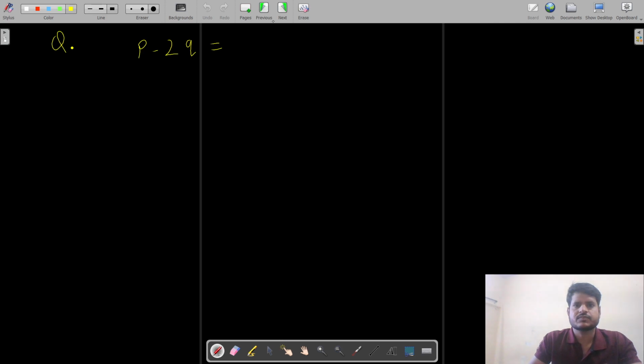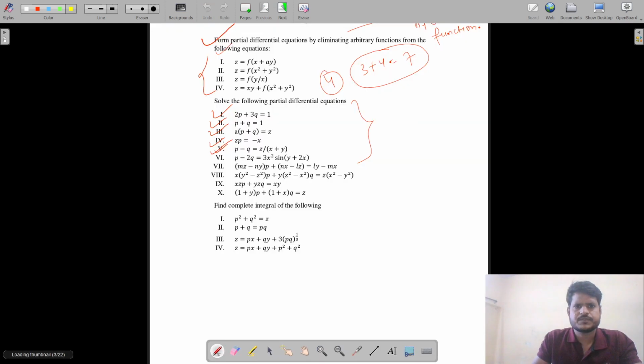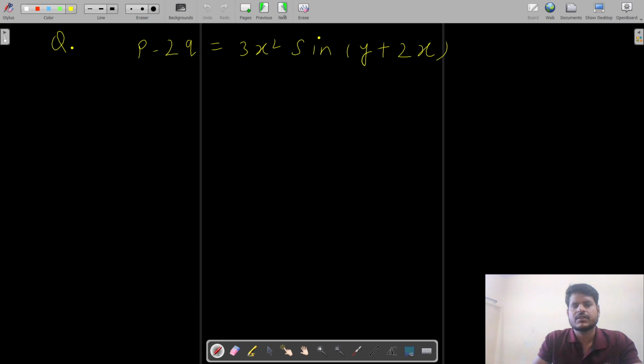Sorry, 3x square sine of y plus 2x, right? This is the problem we have. Let me again confirm the problem: p minus 2q is equal to 3x square sine y upon 2x. This is what we have, right?